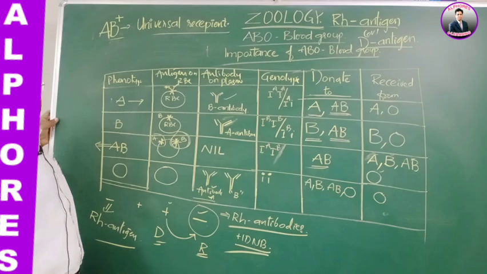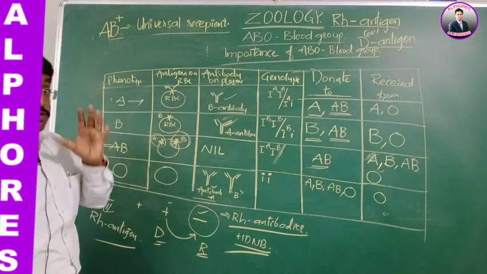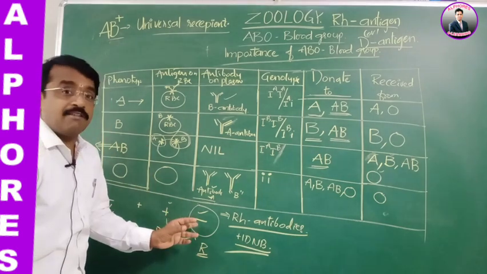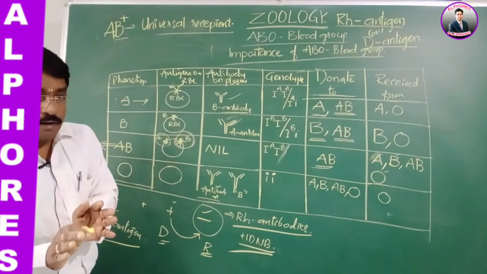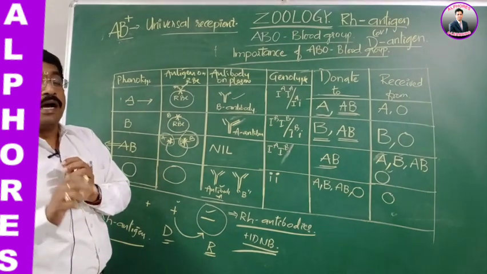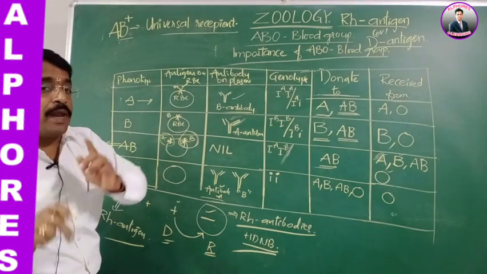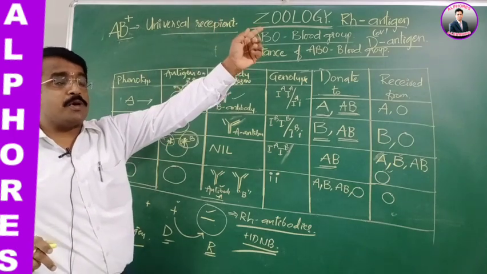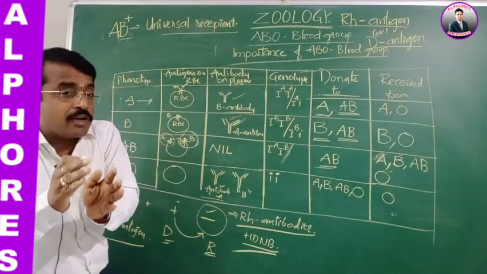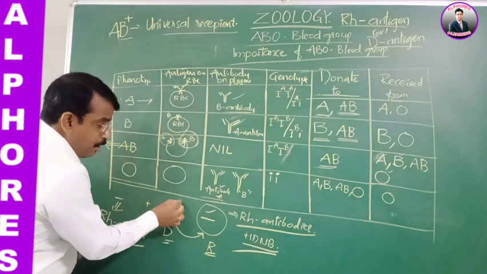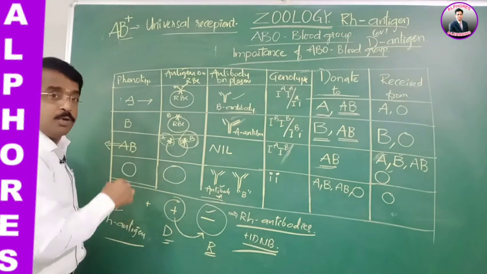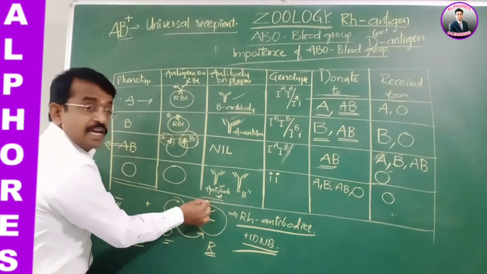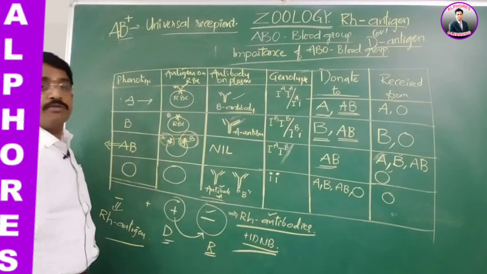So an Rh negative individual, exposed to Rh positive blood, will produce Rh antibodies. If an Rh positive individual donates blood, Rh antibodies are produced in the Rh negative individual.